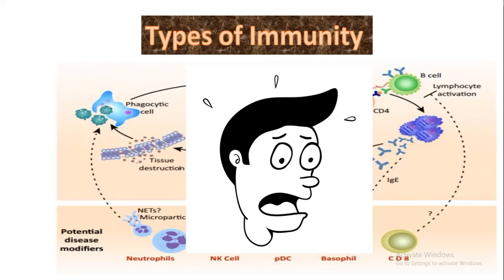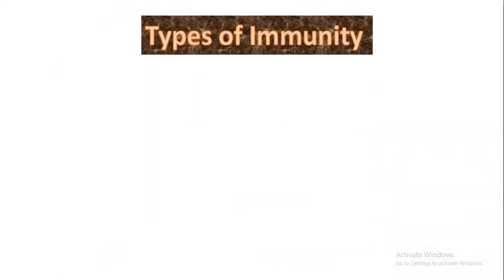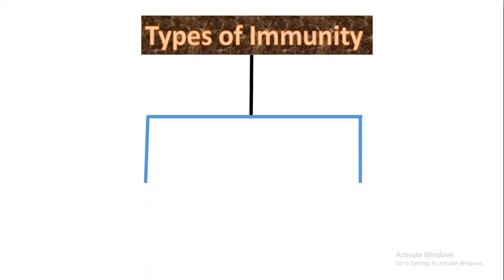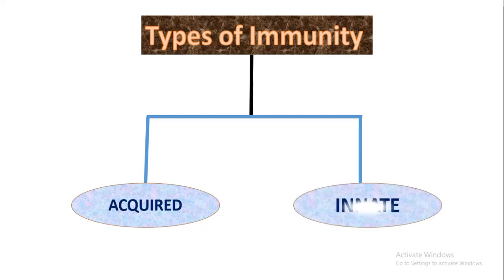But don't worry, I have a simple way in which I can explain to you these types of immune system. Basically there are two types of immunity. The first type is known as the acquired immune system, and the second one is known as the innate immune system.